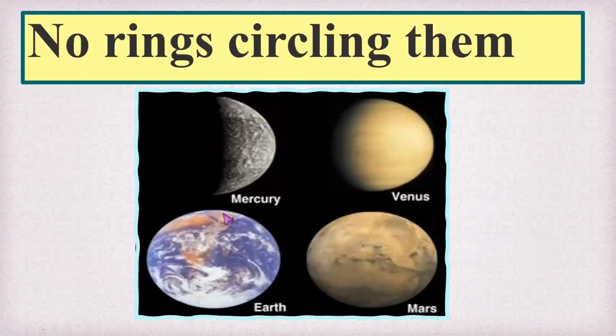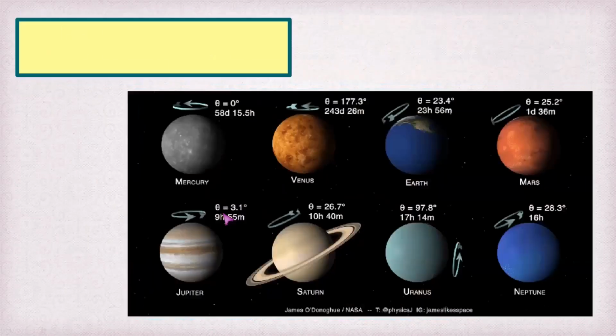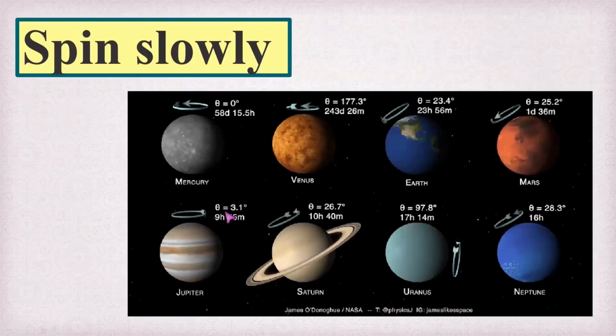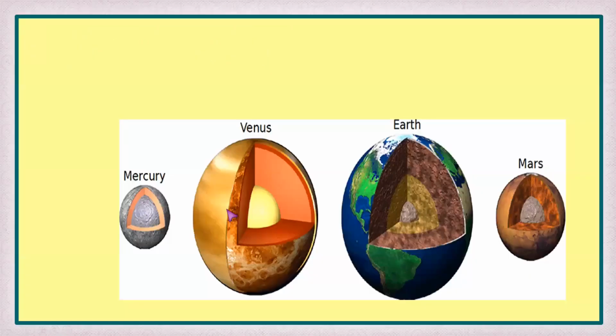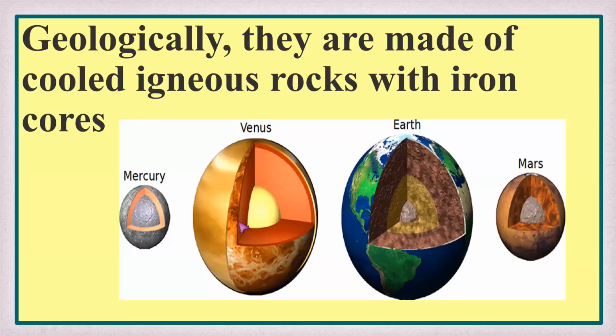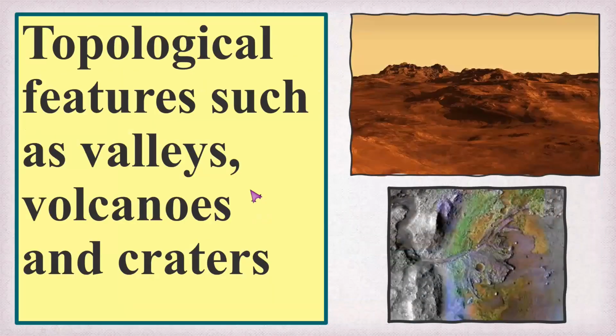They don't have rings circling around them, and they spin slowly compared to gas giants. They are made of cold igneous rocks with iron cores and topographical features such as valleys, volcanoes, and even craters.